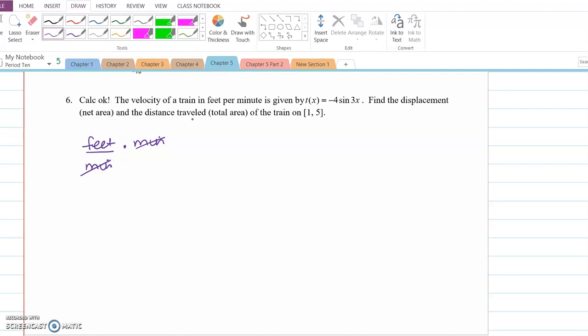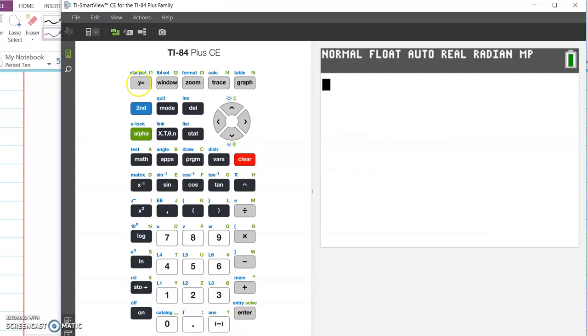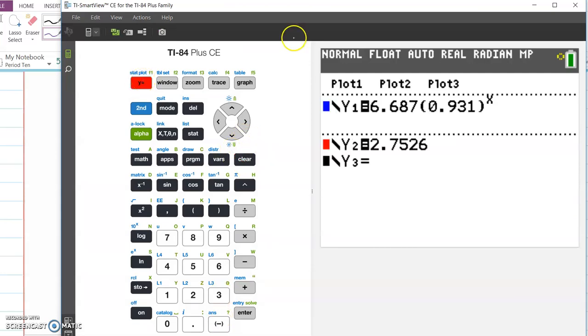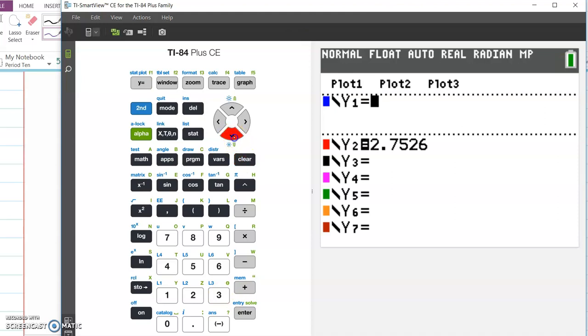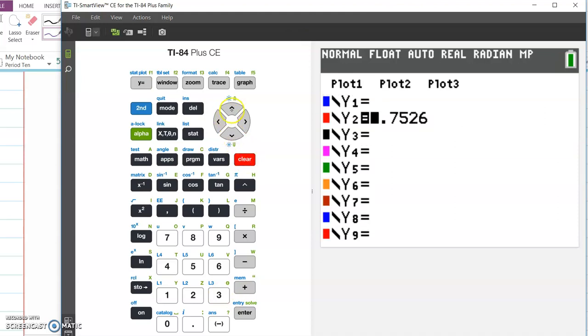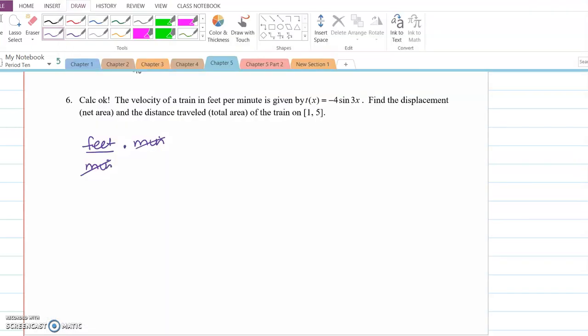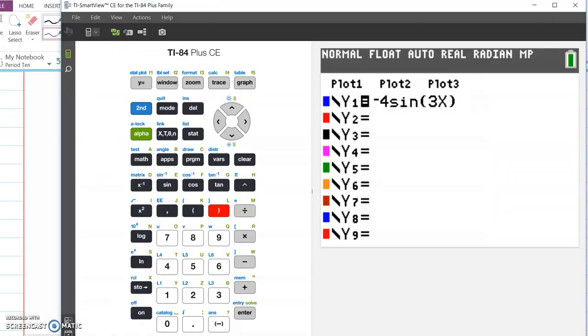So put that function into y1. Double check that you are in radian mode.